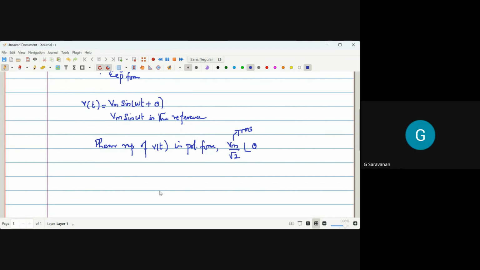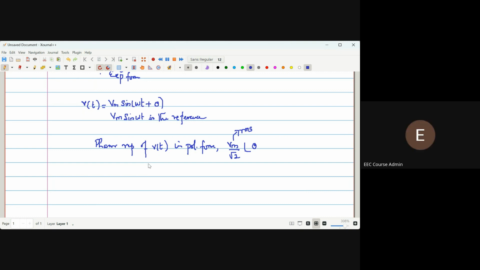Madam, when the question is given with some amplitude like 10 volt angle theta? Whenever the information regarding whether it is RMS or peak has to be known, it will be mentioned. Otherwise, by convention, it will be RMS.